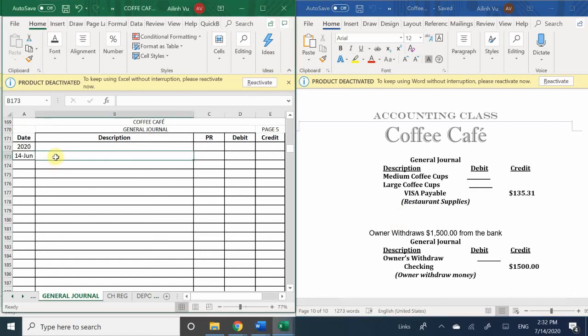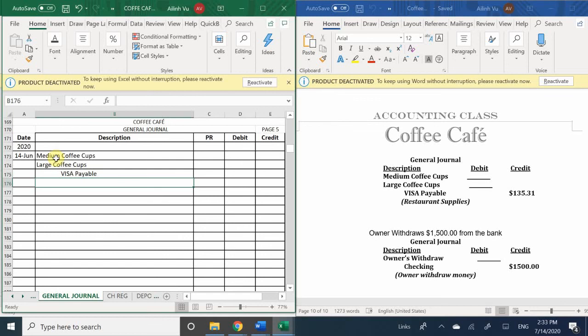All right. Medium cups and large coffee cups. All right, and we used Visa payable, right? We use our business credit card to pay off this amount. So here is restaurant supplies.